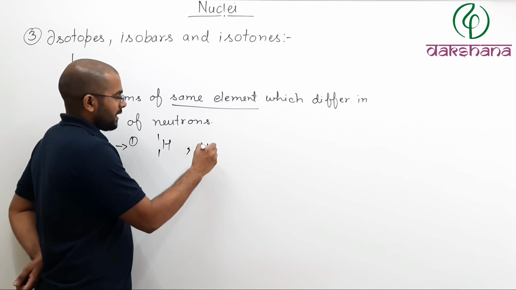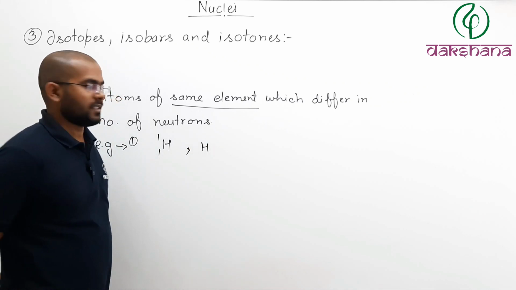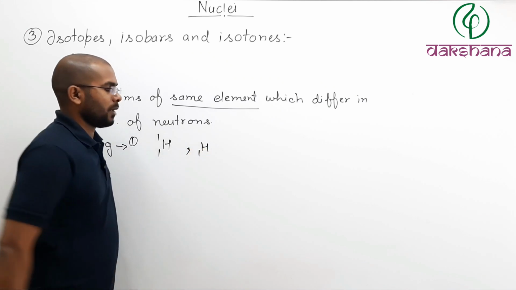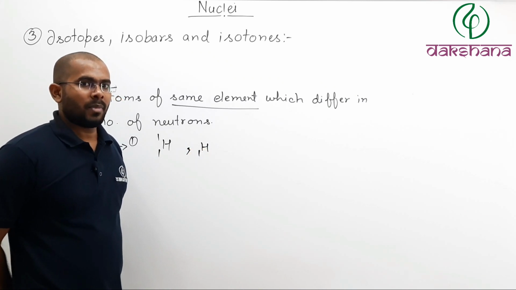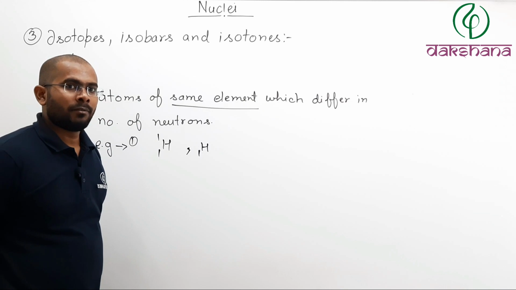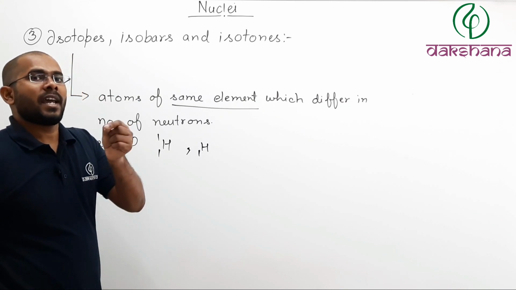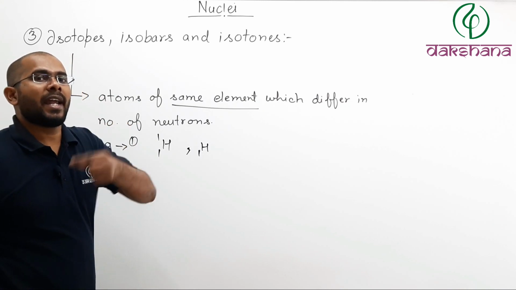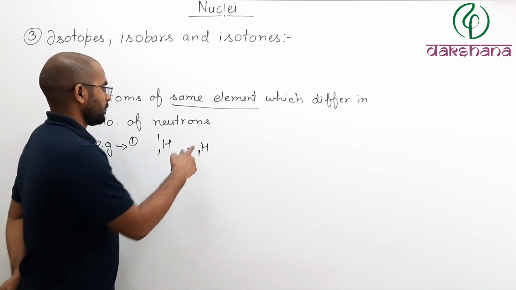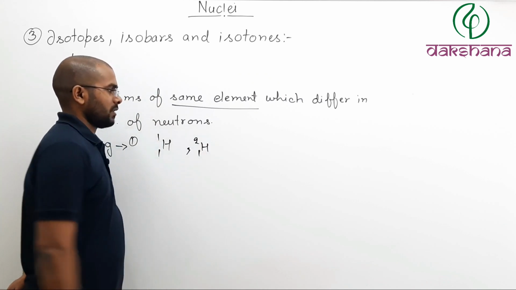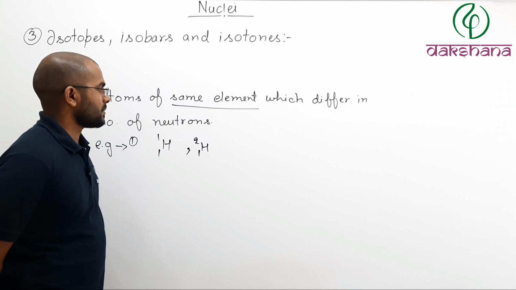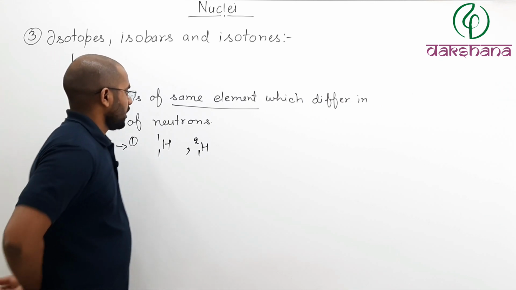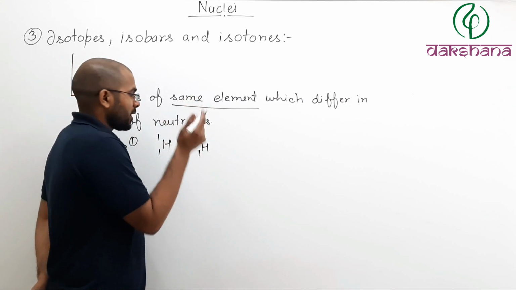There is another kind of hydrogen atom, and since it is a hydrogen atom, atomic number will always be 1. But this hydrogen atom will have nucleus as 1 proton and 1 neutron. So what will be the mass number? Mass number will be 2. This is also sometimes called deuterium.